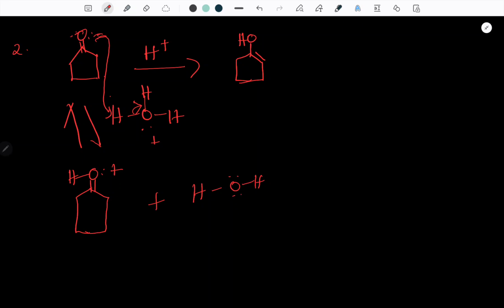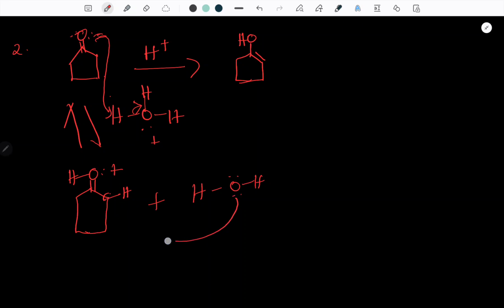It can behave as an acid or as a base, depending on the specific reaction. So in this case, we are on the alpha carbon. There's a hydrogen here, and this will behave as a base because this is the acidic part of a carbonyl compound.